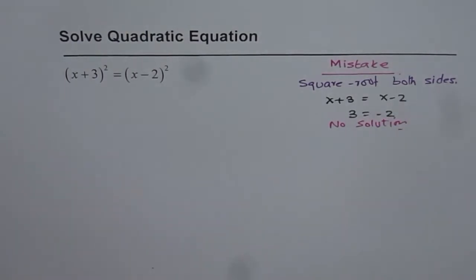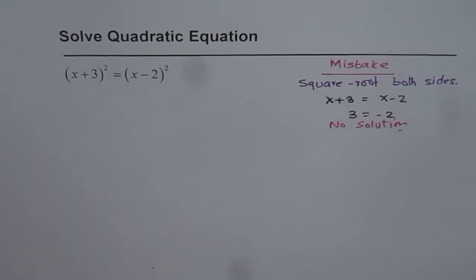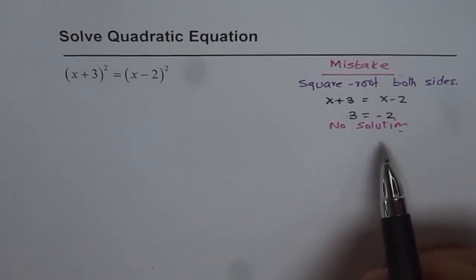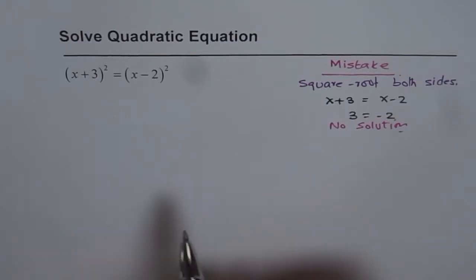This is what you get, which is a mistake. As we will see now, there are actually two solutions to this equation. But if we square root it and then do like this, it is absolutely wrong. So the word of caution here is not to square root such equations.